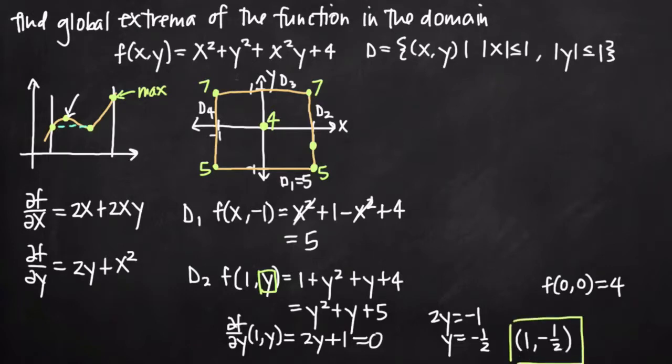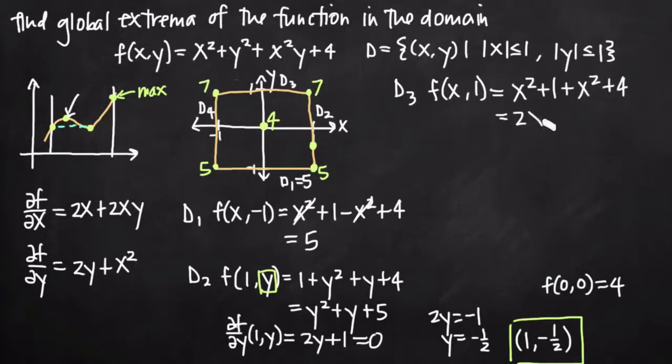For now, let's talk about d sub 3. Remember, along this line, y is always equal to 1, so we're going to say f of x comma 1. We're going to replace y with 1. That's going to be equal to x squared plus 1 plus x squared plus 4, and when we simplify, we'll get 2x squared plus 5.